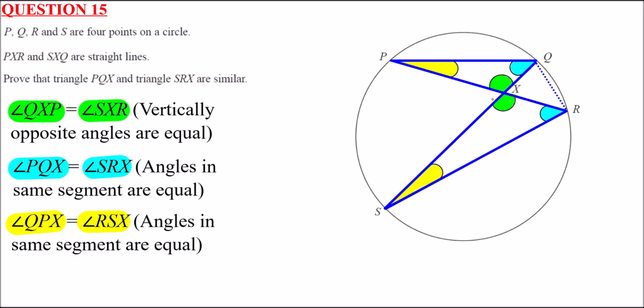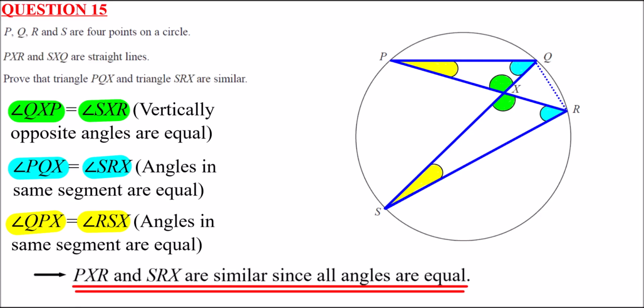Triangle PQX has this yellow, green and blue angle, and triangle SXR, or SRX as it's called here, has the same three angles. So we just need to conclude by mentioning that fact. So finally we could say something like PXR and SRX are similar because all the angles in them are equal. So we need to conclude by returning to the question, and that's all we need to do for question 15.